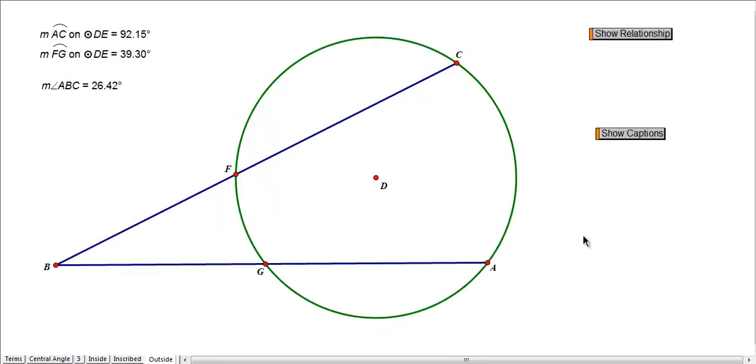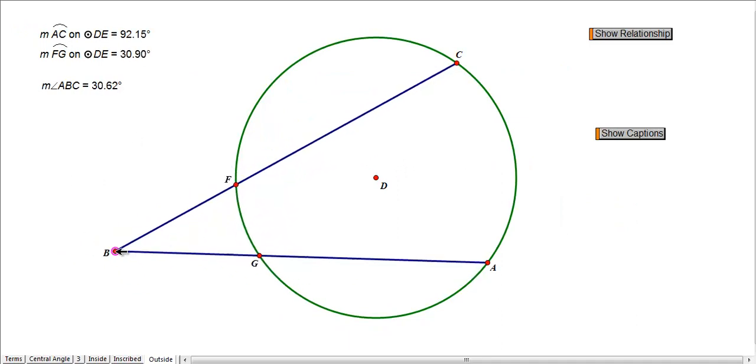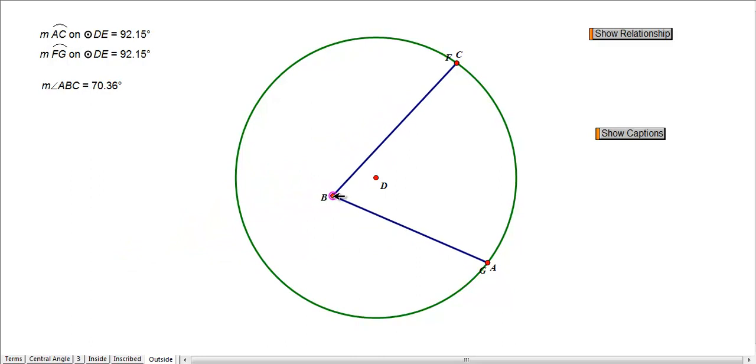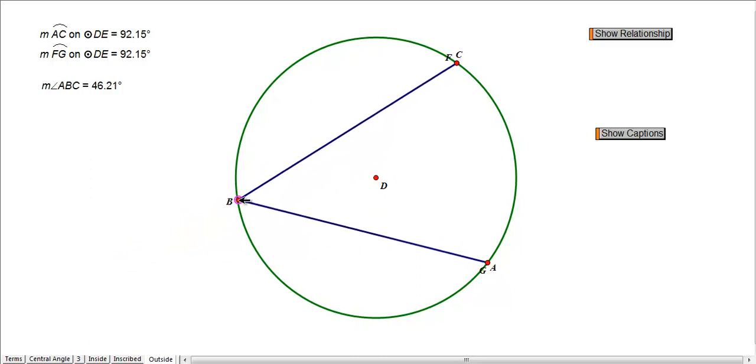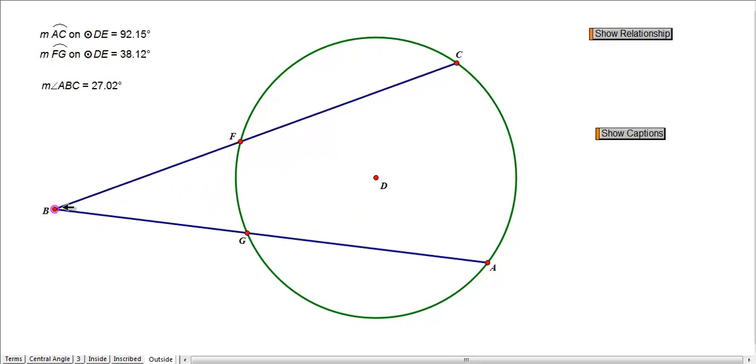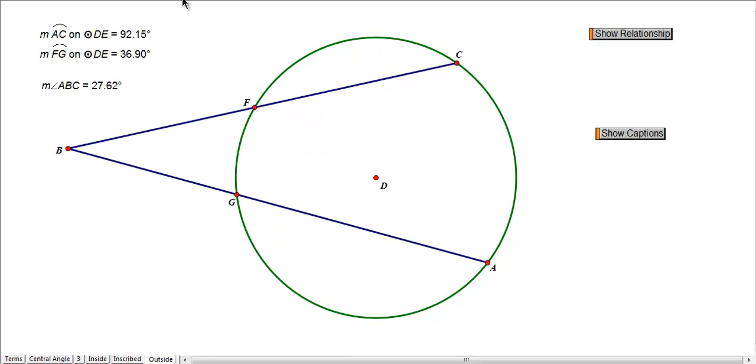And of course, that brings us to the last situation. What happens if they intersect outside? So remember, when it was inside, we added the two arcs and divided by 2. When it was on the circle, it was exactly divided by 2. So again, it's getting even further when I pull it back. And maybe you're kind of seeing a relationship here. I'm not going to add them and divide by 2, but this arc that's inside and this arc that's inside, I'm going to take the difference.